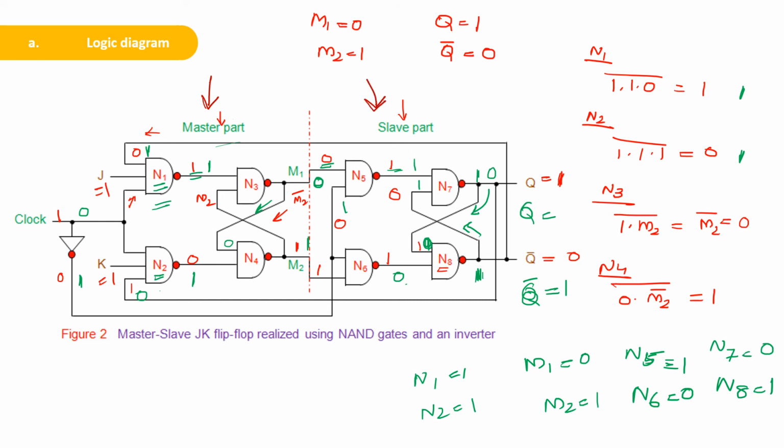So during the positive clock signal, the master part will change according to your input combination. Now that output is transferred as the output of your slave part. So this is how your master slave flip-flop is working.